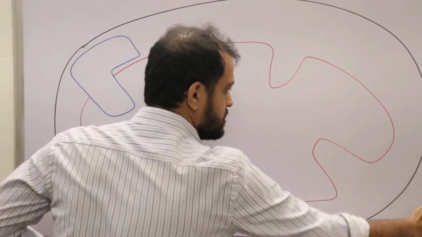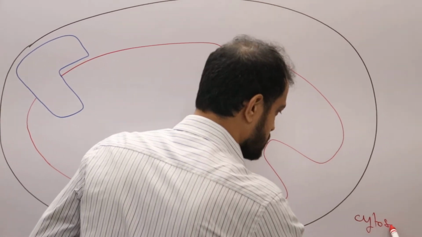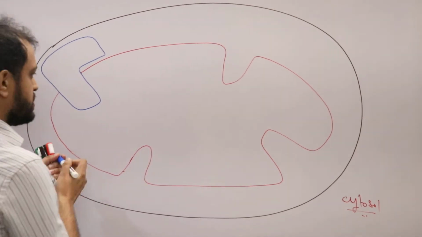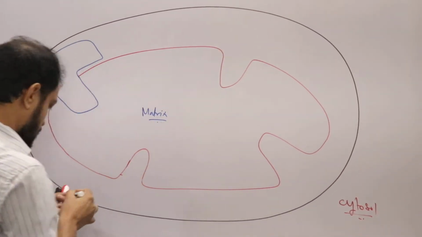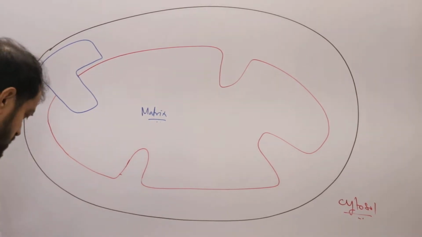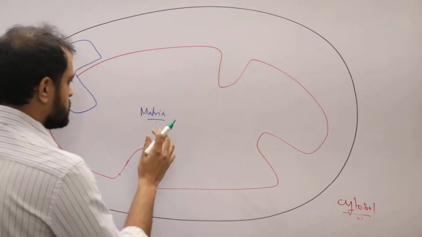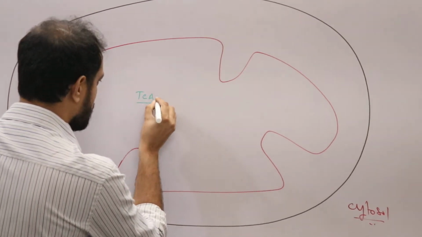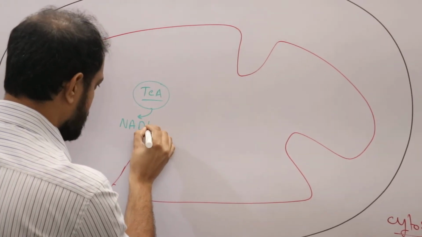Suppose this is the cell, this is the cytoplasm or cytosol, and this is the matrix of mitochondria. Suppose in the matrix, TCA cycle is going on and the TCA cycle is giving out NADH.